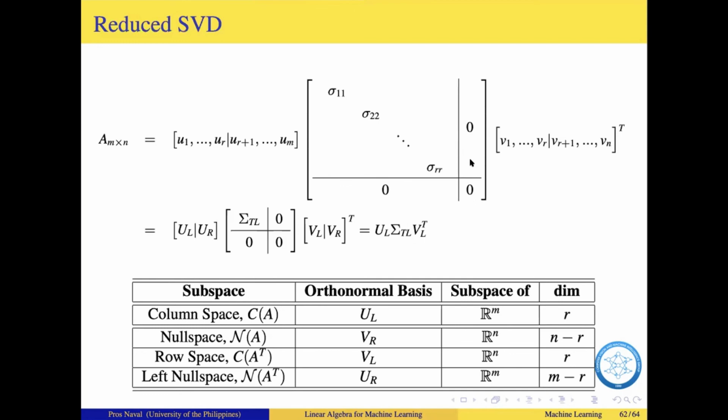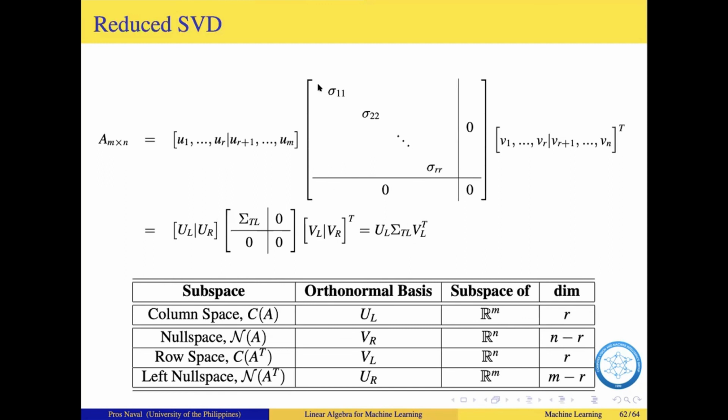This part here is all zeros, so that would be partitioned, and the top left part is called sigma TL.